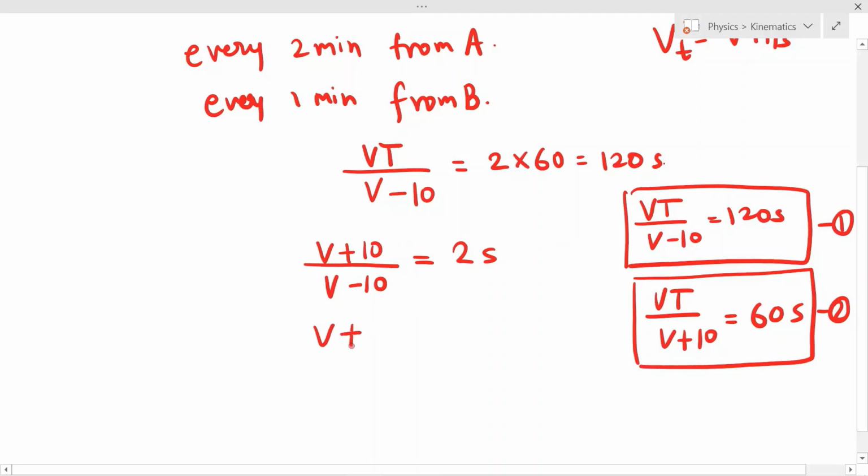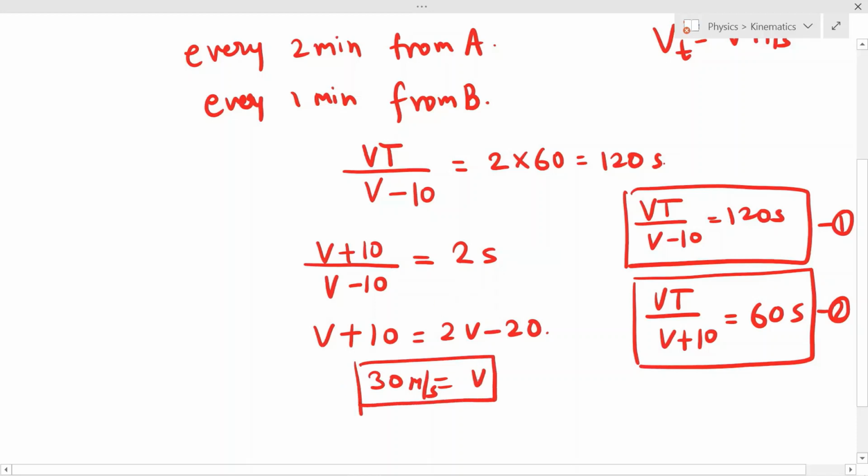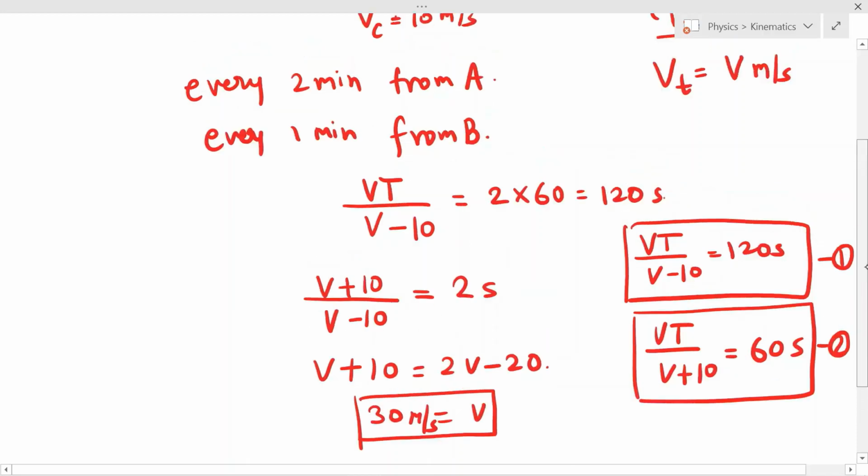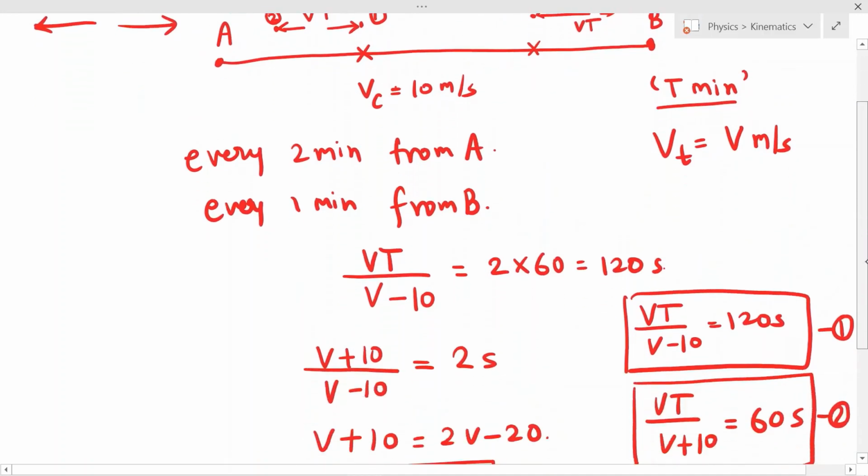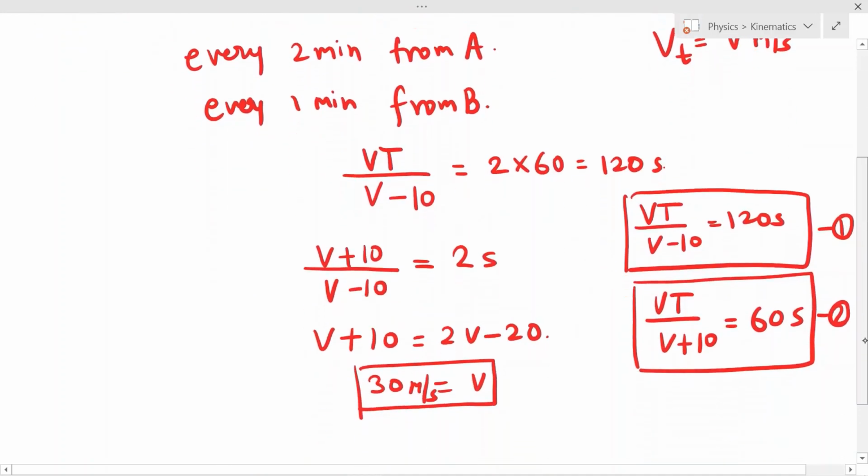So this becomes V plus 10 equals 2V minus 20. So V goes there and this is 30. So the velocity of the cab or the taxi is 30 meters per second. So we have calculated the velocity of the taxi also.